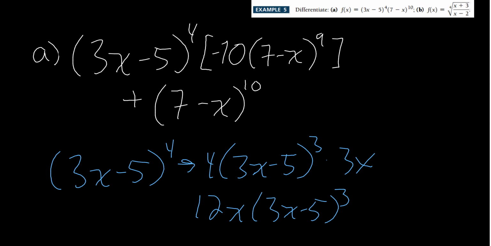Okay, and I'm sure that's good. Yeah, that's good. Okay, so the second here again would be the derivative of the first, which was 12x times 3x minus 5 cubed.